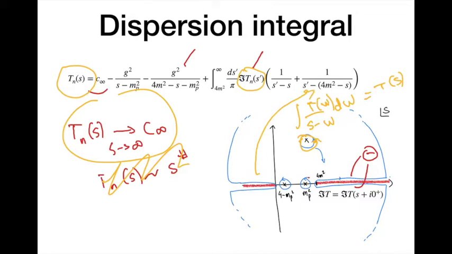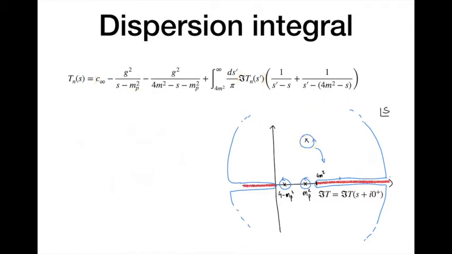So you only need to know the values of the function Im T on this axis for infinity, that's all. And with this, you reconstruct the value of T on the same axis and you go on. So you want to know the value of Im T on that axis. That's enough information. So in some sense, you also include information about bound states here.